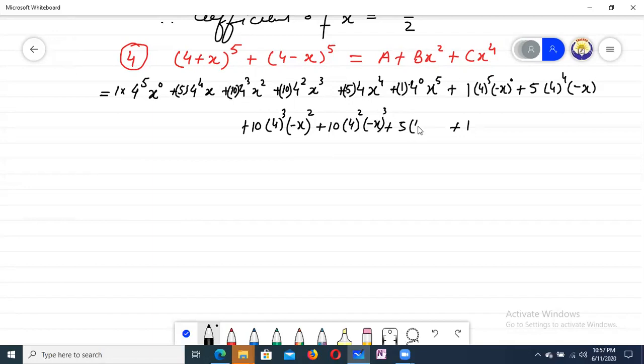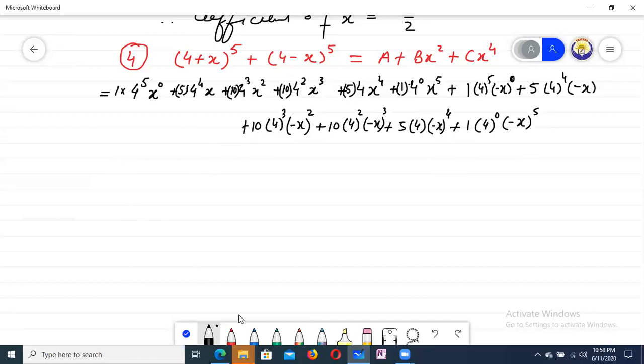Then here will be 4 raised to the power 1 and minus x raised to the power 4. Then 4 raised to the power 0 and minus x raised to the power 5. Power 5, 4, 3, 2, 1, 0 in this way. Okay. Index of A will decrease gradually by 1 and index of B will increase gradually by 1.